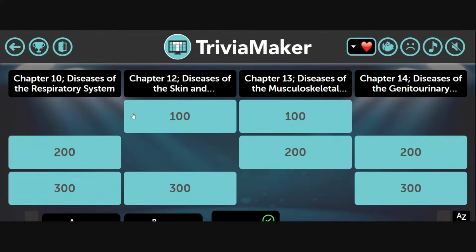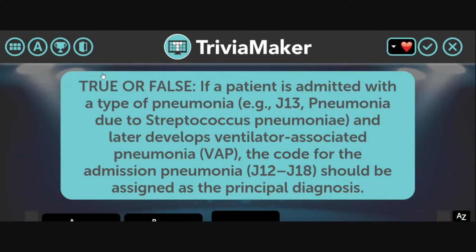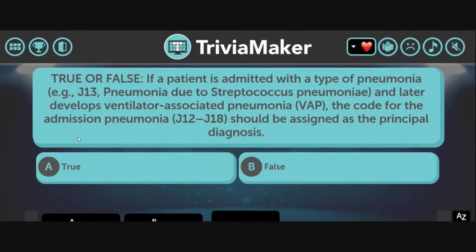Let's go back to our chapter 10, diseases of the respiratory system. Let's do a 300 now. Oh, this is a long one. All right. So, if a patient is admitted with a type of pneumonia, for example, J13 pneumonia due to Streptococcus pneumoniae, and later develops a ventilator associated pneumonia or VAP, the code for the admission pneumonia should be assigned as the principal diagnosis.